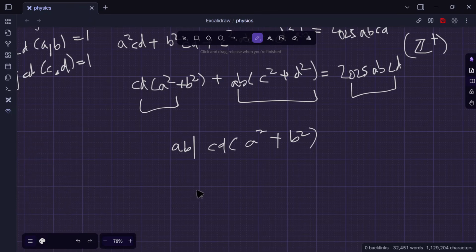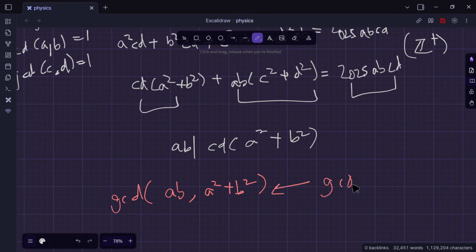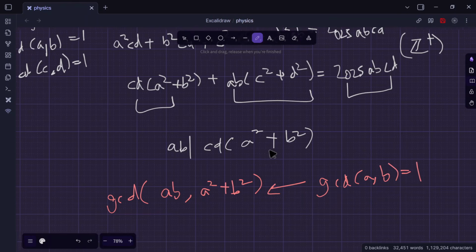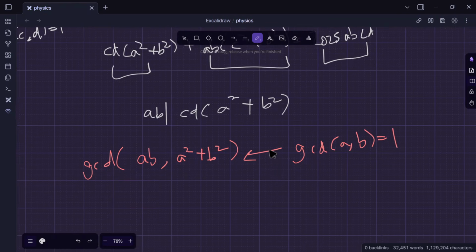Because AB and A squared plus B squared are co-prime, because GCD of A comma B is equal to 1. Right? So since AB and A squared plus B squared are co-prime, we can just cancel this off, and what we get is AB divides CD.